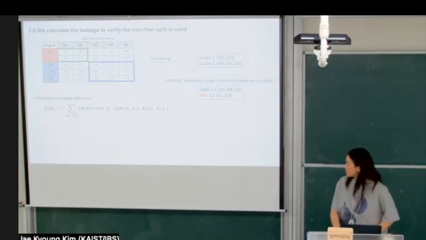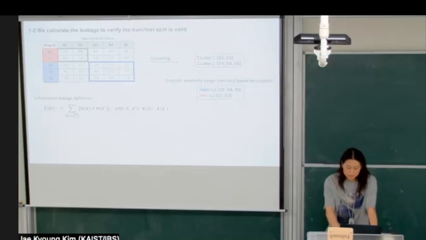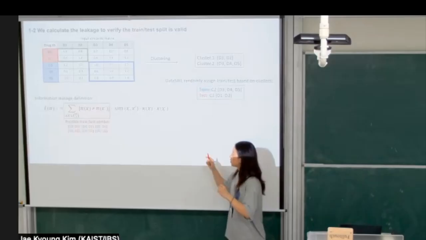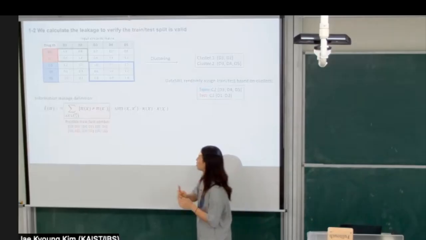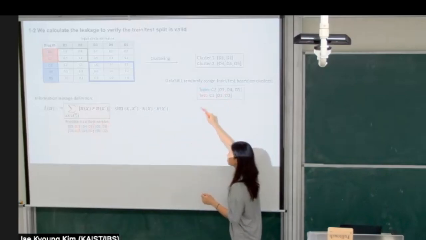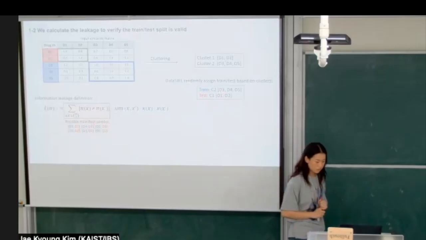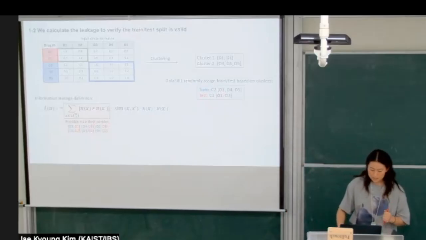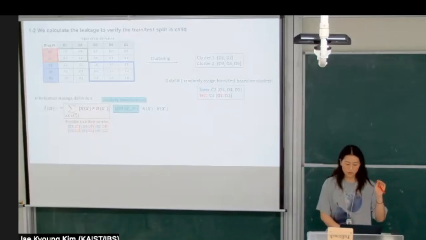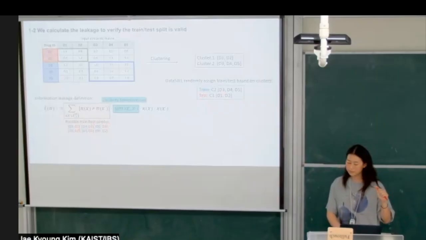So what this formula does is first they're gonna pair up all the possible train test combos. So it's drug 3 and 1, in train and test. So get all the possible combos. And then based on our similarity matrix, we calculate the similarity for all the possible combos like this.